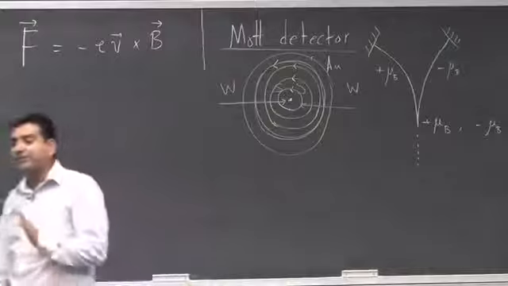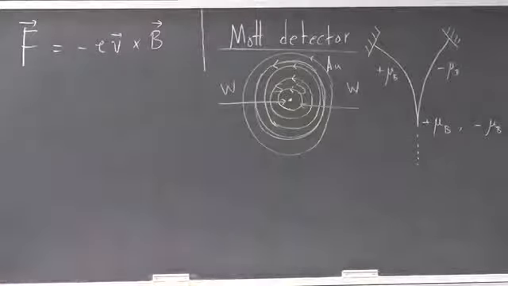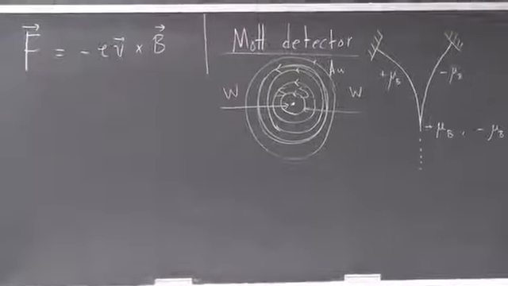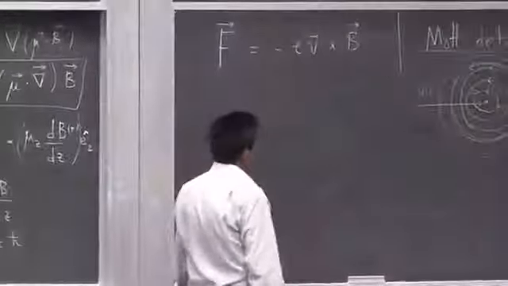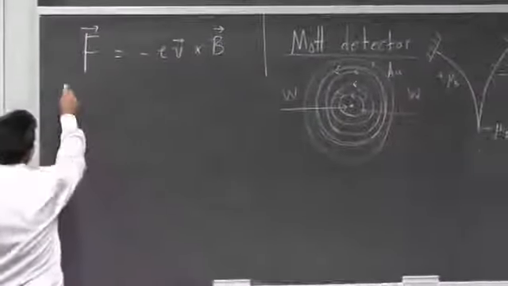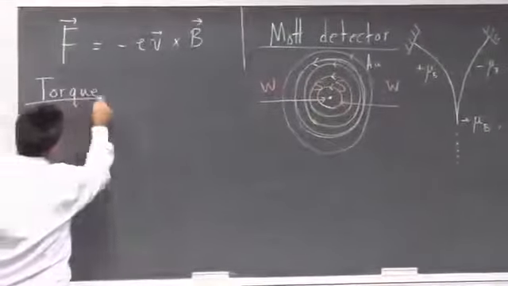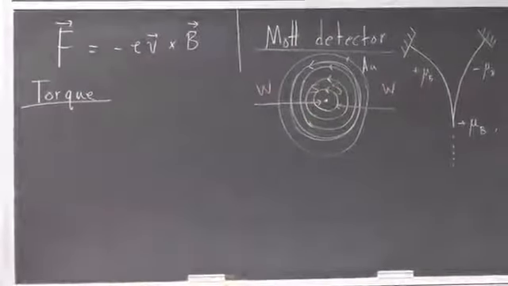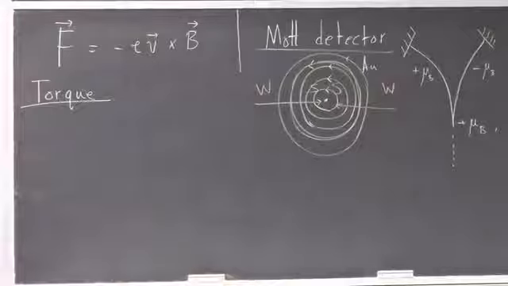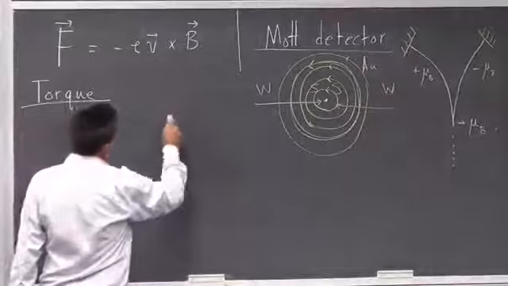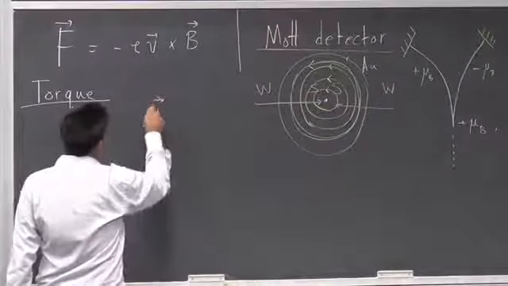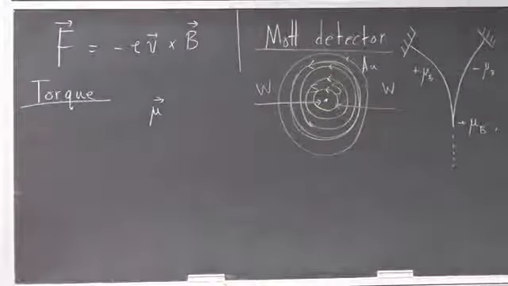Now let's talk about the third component, which is the torque acting on a dipole. Any questions so far about forces or energies? If I have a dipole mu placed inside a magnetic field, what's the torque acting on the dipole?